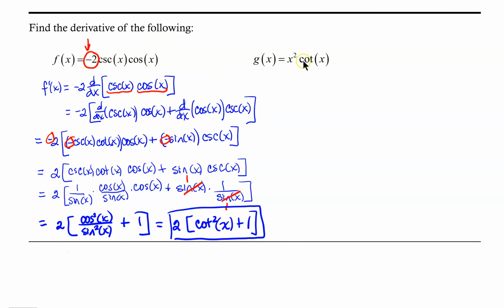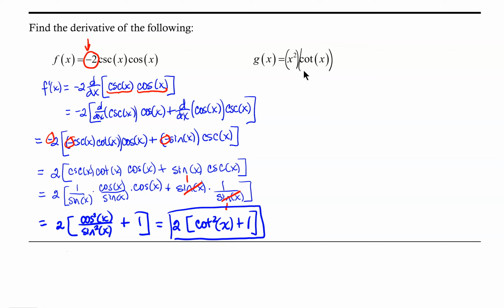G of x is equal to x squared times cotangent of x. We will be using the product rule. As we can see, we have one quantity being x squared multiplied times another quantity being cotangent of x.